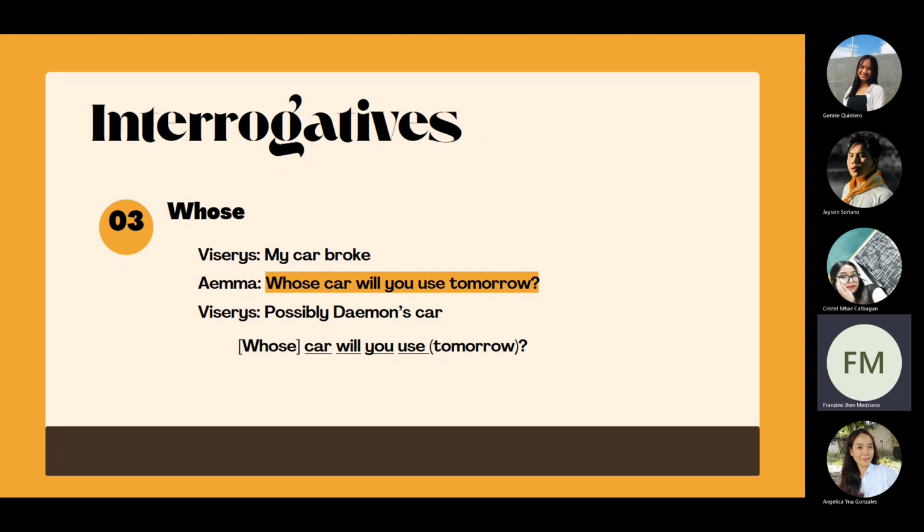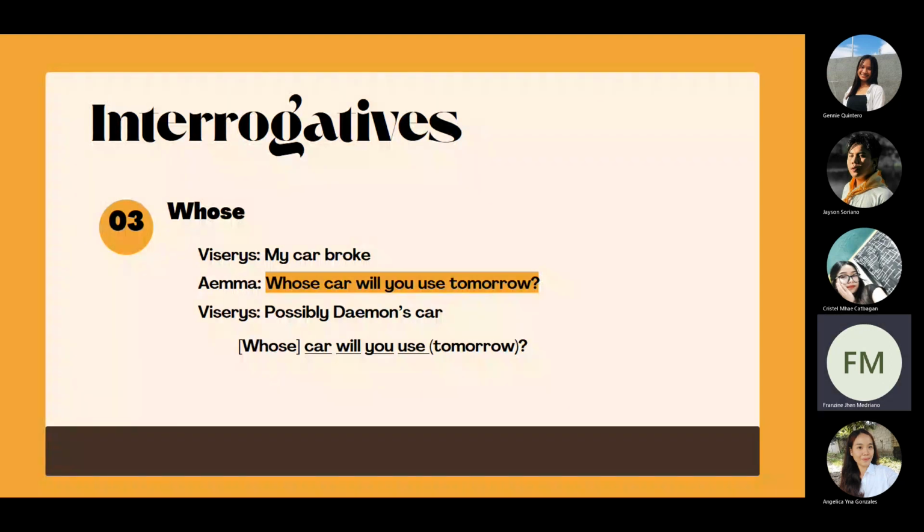Now with our interrogative determiner whose, we are asking who owns the car that he will now use. In this case, Viserys said that it will be Damon's car, which is the owner of the car that he will borrow. For the syntactic environment application, the whose is our determiner.